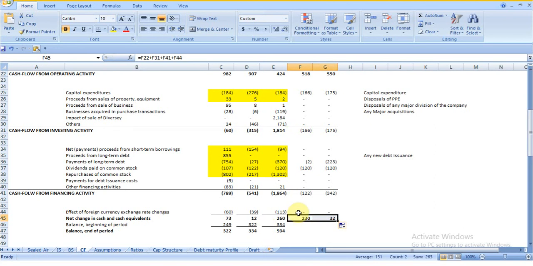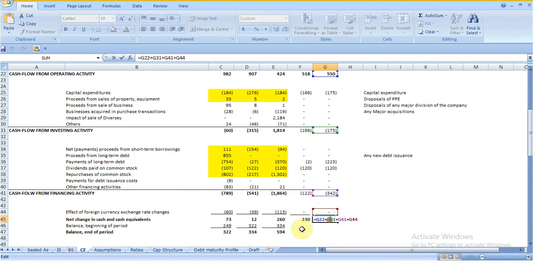And now the beginning cash balance at the start of 2018 will be nothing but the ending balance of cash at the end of 2017. So I'm going to just link it here, and I'll drag it.